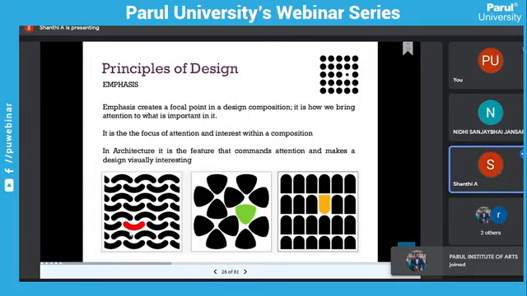Here we could see our eye will definitely catch this red color when compared to all others, because we have emphasized this. How have we emphasized it? The arrangement, the shape used, everything is similar, but we have emphasized this using color. So we have used a red color.